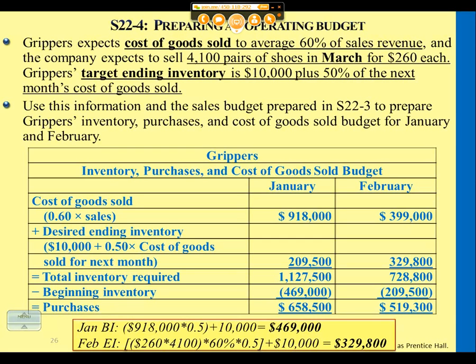For my February ending inventory, we've done that already. So how did I get this 219,500? Where did it come from?